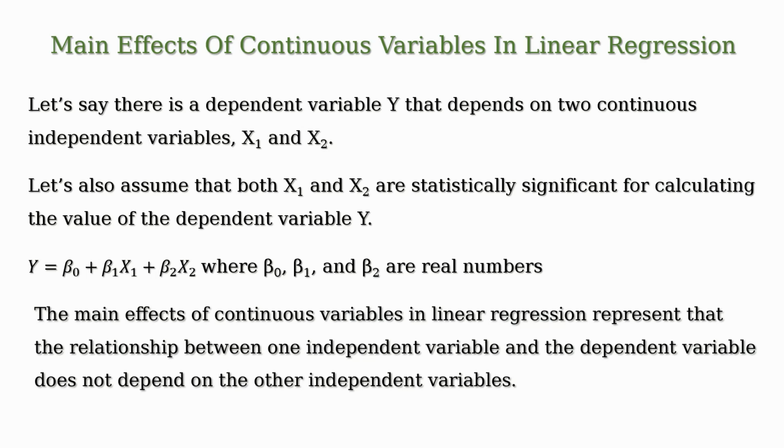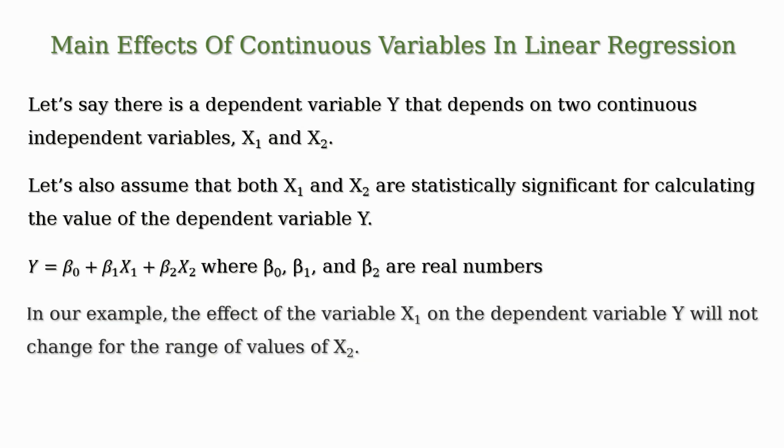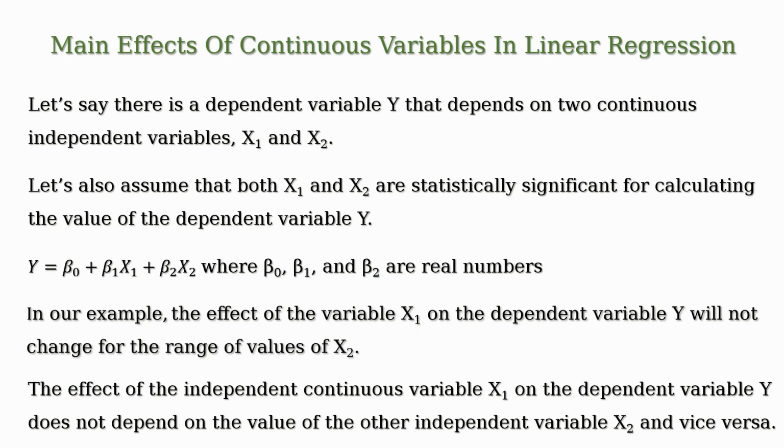In other words, in our example, the effect of the variable x1 on the dependent variable y will not change for the range of values of x2. In other words, the effect of the independent continuous variable x1 on the dependent variable y does not depend on the value of the other independent variable x2 and vice versa.